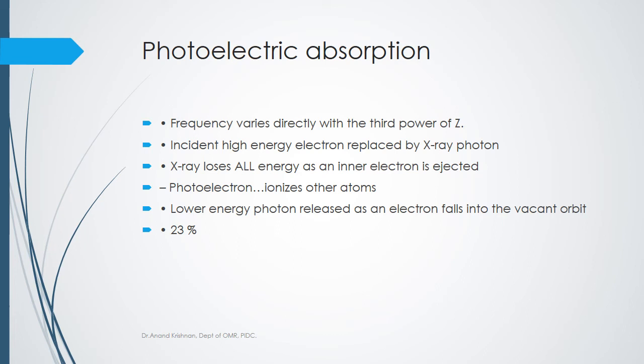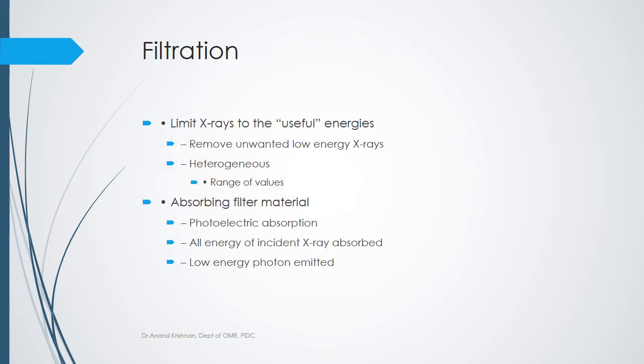So the atom becomes unstable. Immediately, to stabilize itself, the atom borrows another electron from the outer shell, and it keeps jumping, compensating. This kind of transition of the electrons enables the release of ionizing radiation, and photoelectric absorption generally accounts for 23% of the radiation produced.